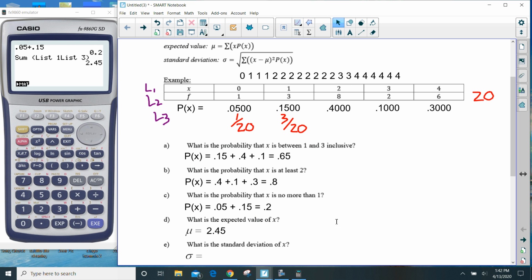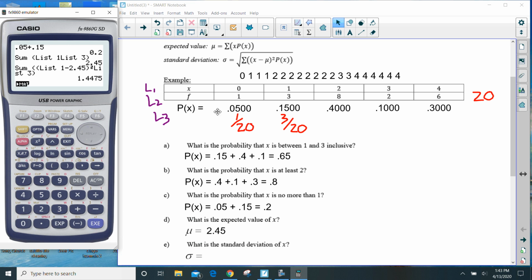Excellent. All right. And then the standard deviation. I'm going to wait until the square root at the very end, but this is going to be the sum, open, open, x minus mu, closed, squared, p(x), closed.